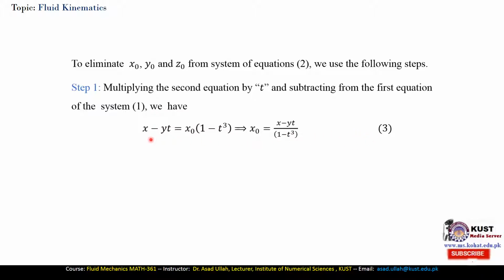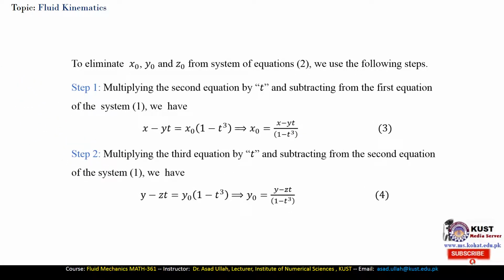After simplification, we get x minus yt is equal to x naught into 1 minus t cube. Dividing both sides of this equation by 1 minus t cube, we get x naught is equal to x minus yt divided by 1 minus t cube.